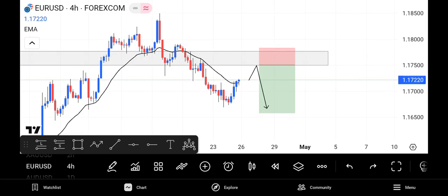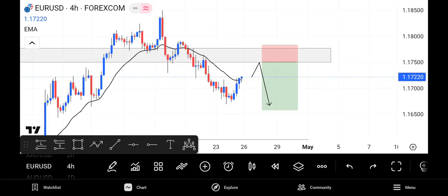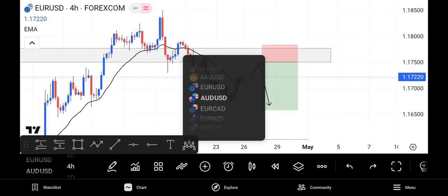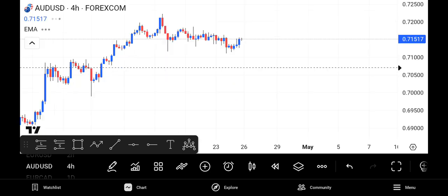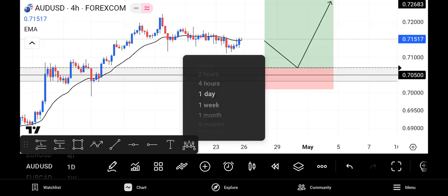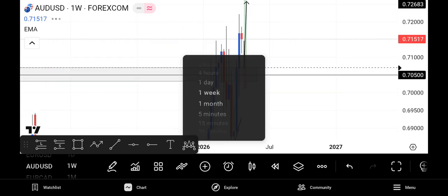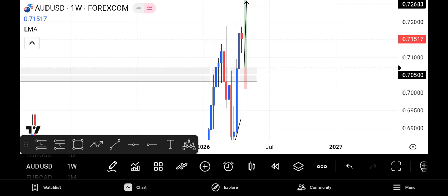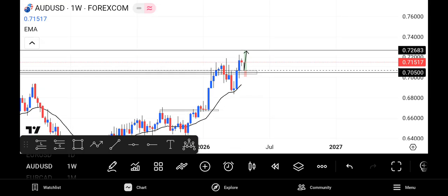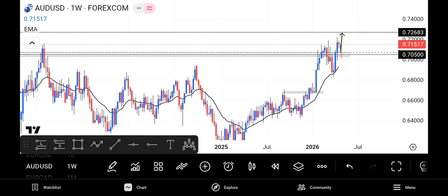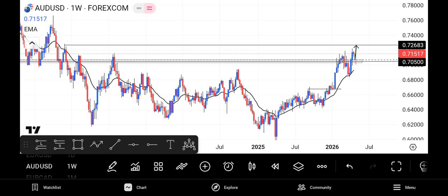So that's all for Euro USD, and we'll move to our next pair, which is AUD USD. AUD USD we'll start from the weekly time frame. You can see on AUD USD the weekly time frame is bullish.